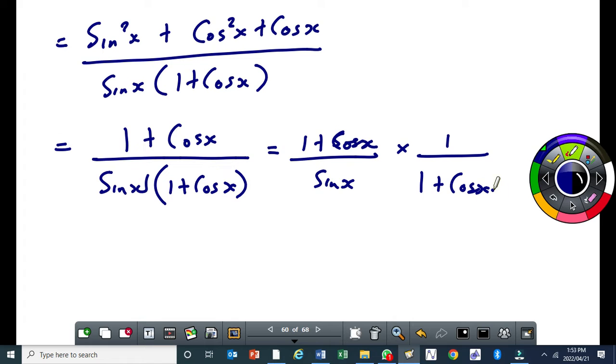You can write it like that. Okay? Then this and that will cancel out because of multiplication. So you end up coming to 1 over sine x. You have to know your algebra. Okay? So the left-hand side is now equal to the what? The right-hand side.